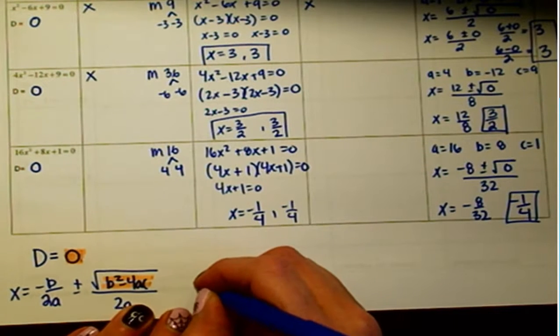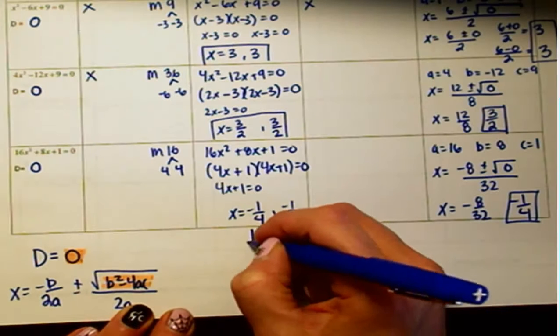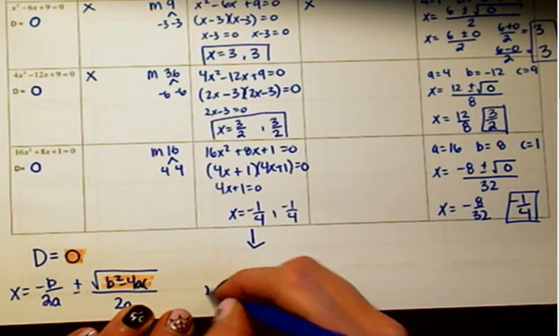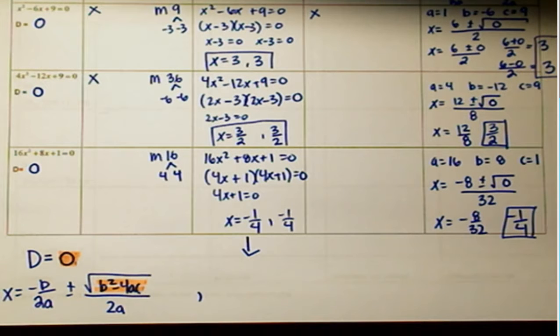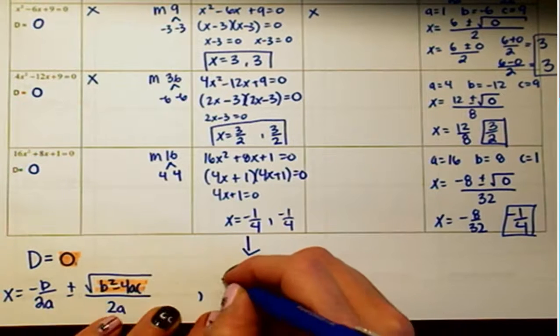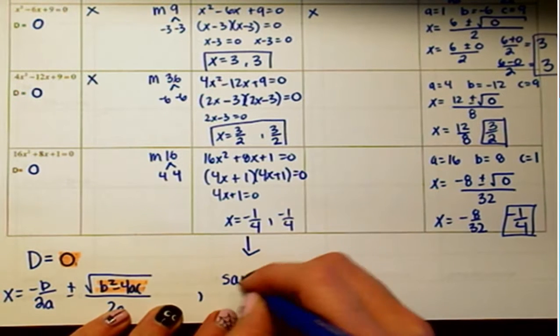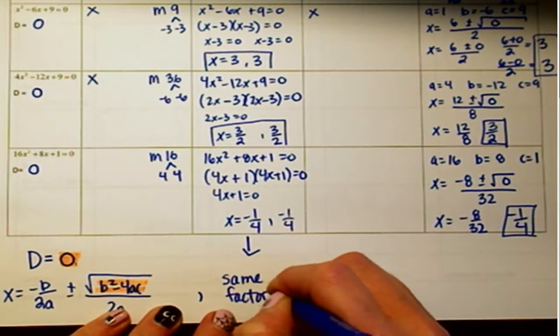So now what I want is a conclusion. What can you tell me about the factors on this page? When the discriminant is 0, the factors are equal to each other. Okay, so we have the same factors, right?